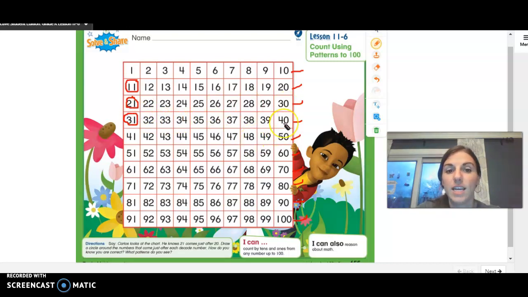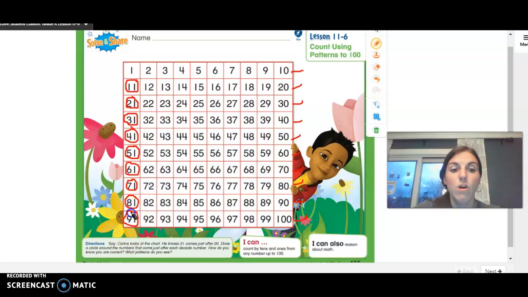What number comes after the decade number 40? 41, nice job. What number comes after the decade number 50? 51, nice work. How about 60? 61, that's what's next. How about 70? 71. How about 80? 81. How about 90? 91.